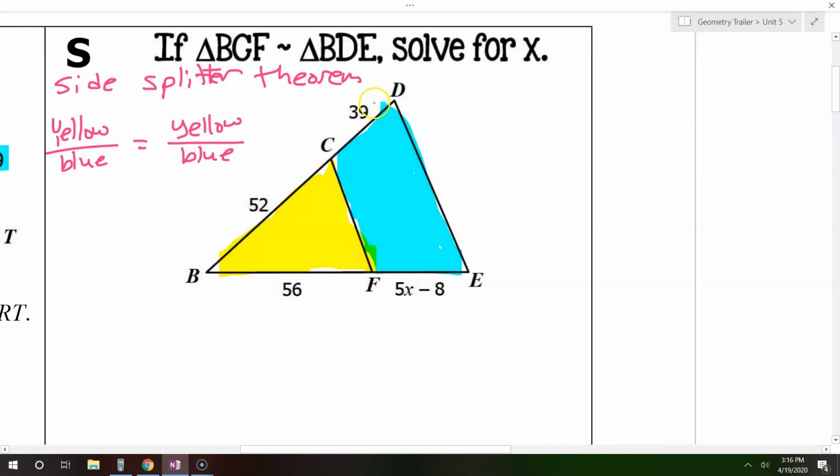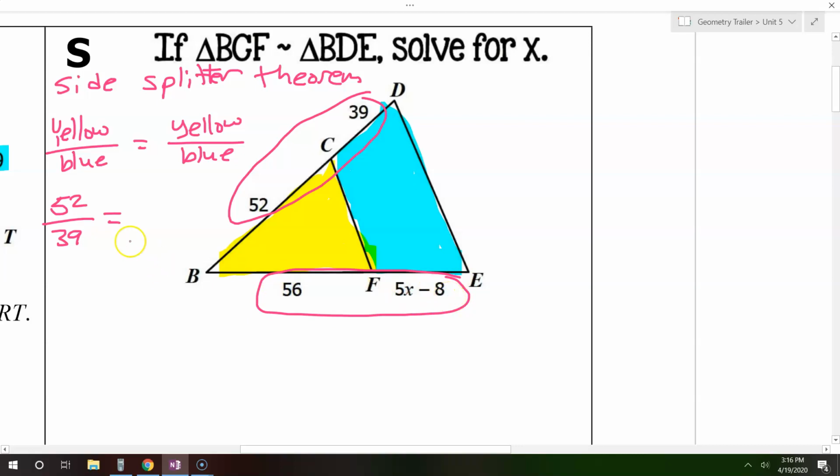Looking at this side of the triangle, yellow over blue would be 52 over 39. Now, look at the other side of the triangle. If I do yellow over blue again, that's going to be 56 over 5x minus 8.